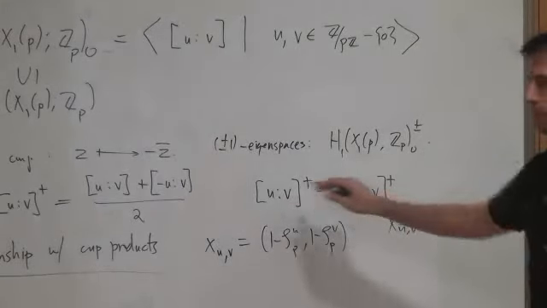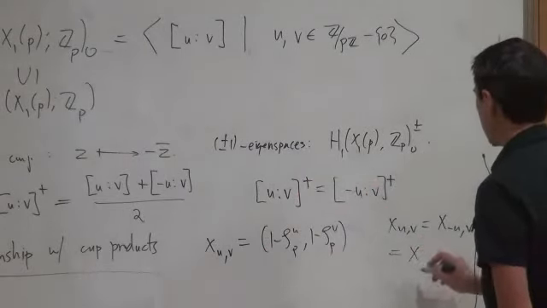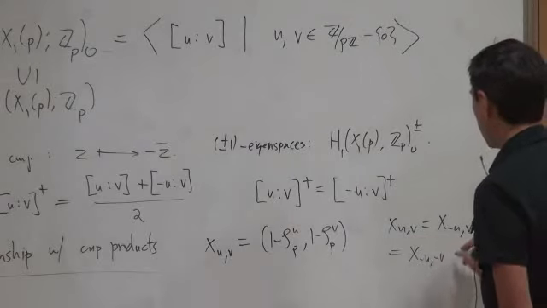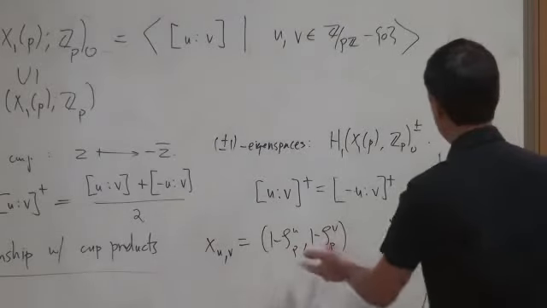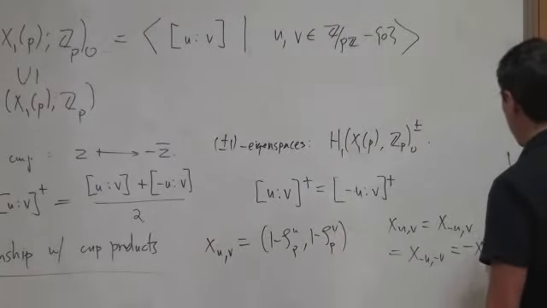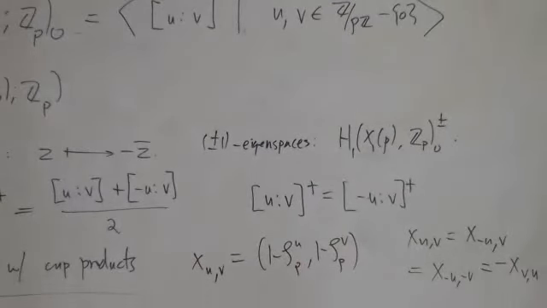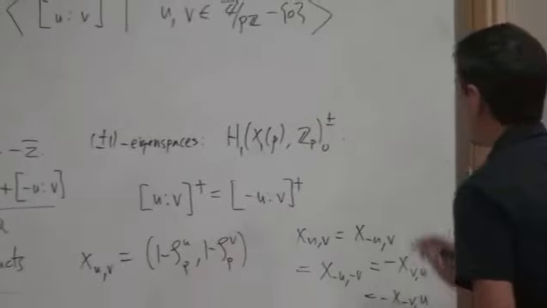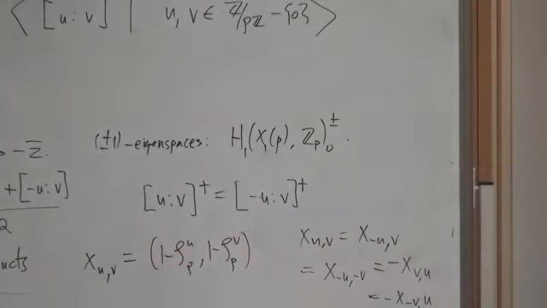Looks like that, right? And that actually equals x_{u,-v}. And if I flip the symbol, that's going to change the sign, so that'll be -x_{v,u}, which is almost the same, but of course this is -x_{-v,u}. So you see that these already satisfy all the relations except for the one with u+v.